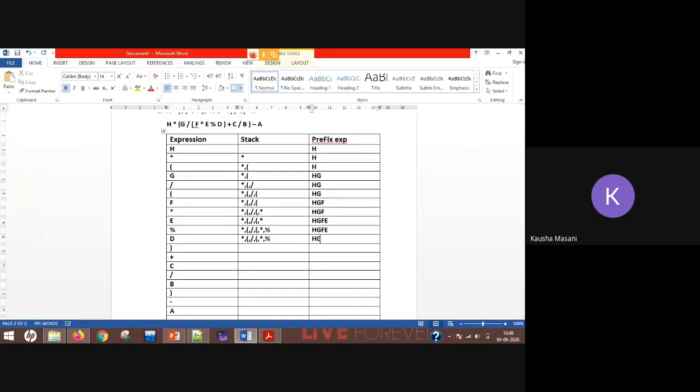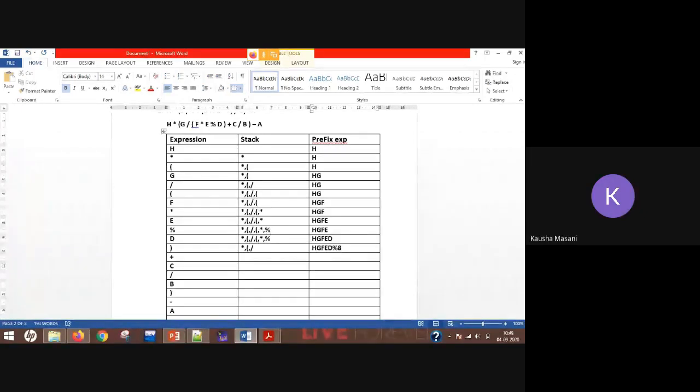Now H, G, F, E and D. Okay, now Shri, tell me what I have to do. Star, opening parenthesis, divide. Okay, here. Yes, HGFE and star and modulus. Star and modulus or modulus and star? Modulus and star. Correct.